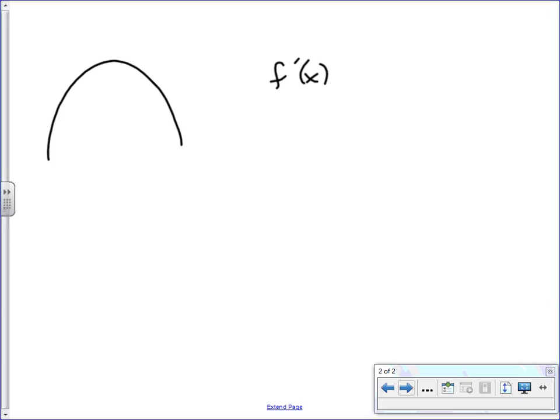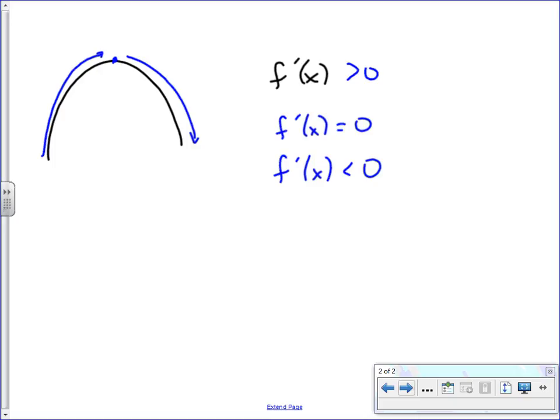What is it doing in terms of positive, negative, 0? What is f prime first? Positive, negative, or 0? Positive. And then right here at the top, f prime is 0. And then on this side, we can say that f prime is negative.